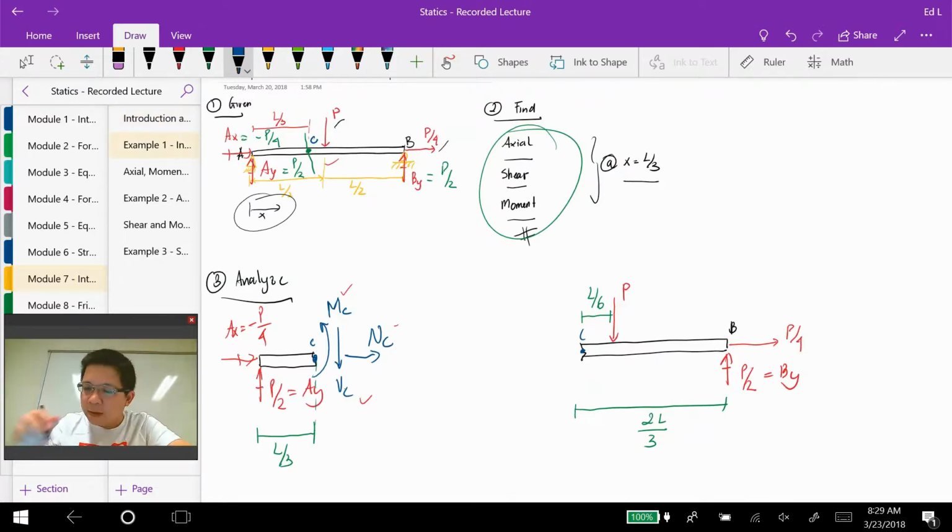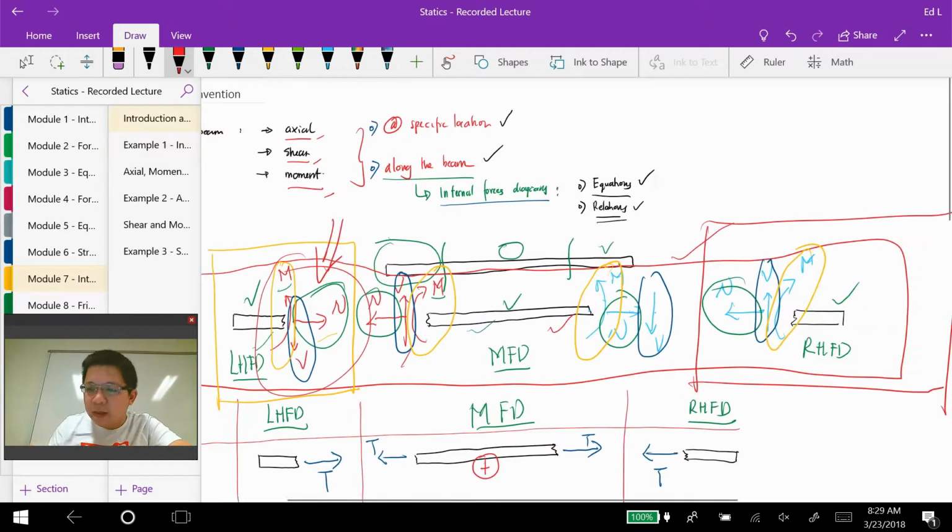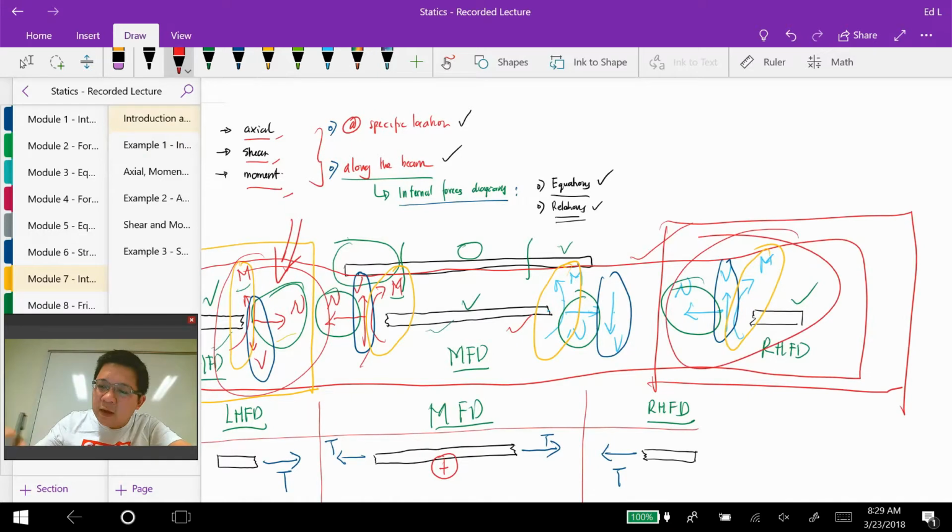Then we can draw on the right hand free body diagram. This is MC, this is VC, and this is NC. All of the internal forces that I draw here are in the positive sign convention, as we have learned in the previous lectures.